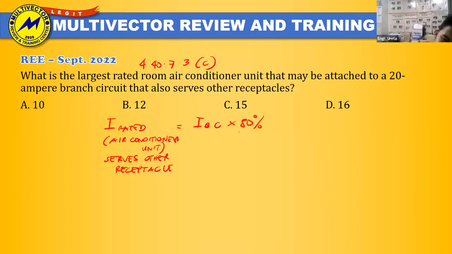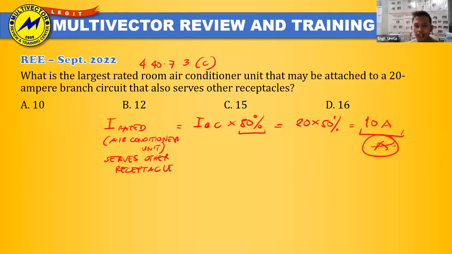Okay, so tatandaan niyo to, 50%. Therefore, yung branch circuit current natin, 20 times 50%. Kaya lalabas dito, 10 ampere. Okay, so letter E. Okay, so tatandaan niyo.